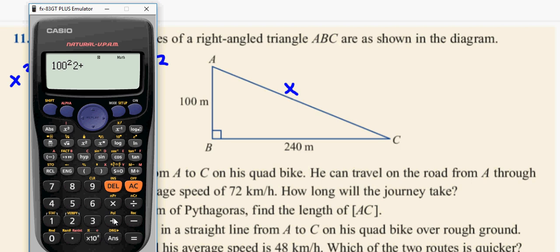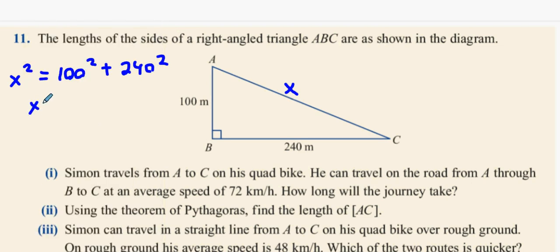Oh wait, no idea what happened there. 240 squared. Okay. So x squared equals 67,600. Square root that. What you get, Joe? I got 260. Yeah, 260. That seems about right. Everybody alright with that?